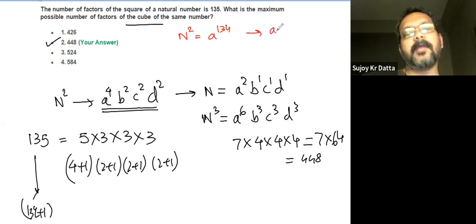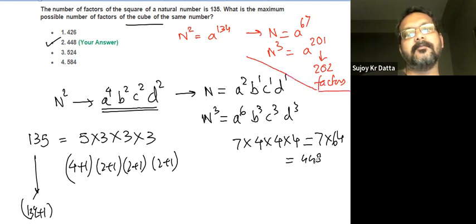That would mean n is a to the power 67. So n cube would be a to the power 201. Hence it would have 202 factors, which is way less than what we have got here as 448.